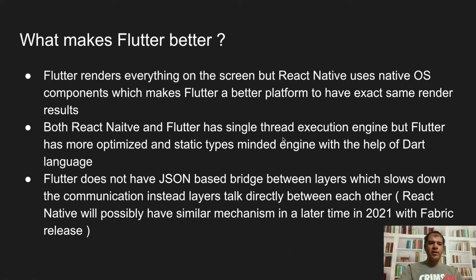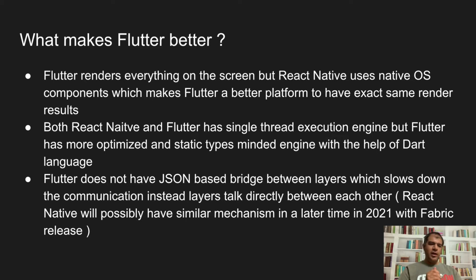Both React Native and Flutter have a single thread execution engine. React Native has a JavaScript engine, Flutter has a Dart engine. But the key difference is that Dart is a static type language, which means the Dart engine is developed with a static type language mindset.